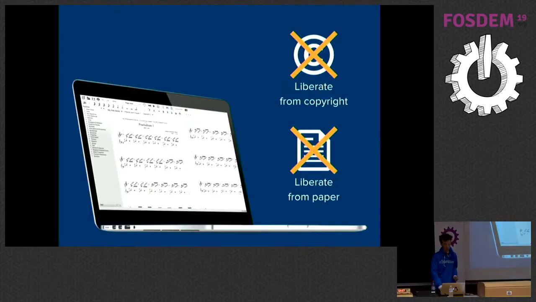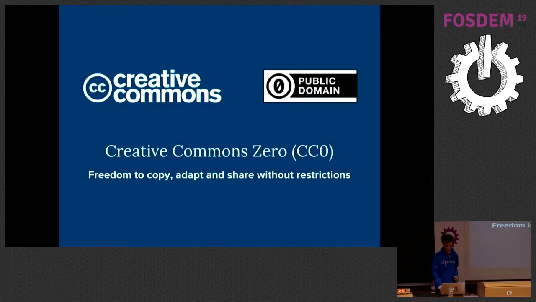So we're trying to liberate music from copyright and liberate it from paper. The liberation from paper is covered by the XML conversion, and liberation from copyright is done by publishing all of the transcriptions under Creative Commons 0. So they're effectively fast-tracked into the public domain, so there's complete freedom to adapt them and share them.